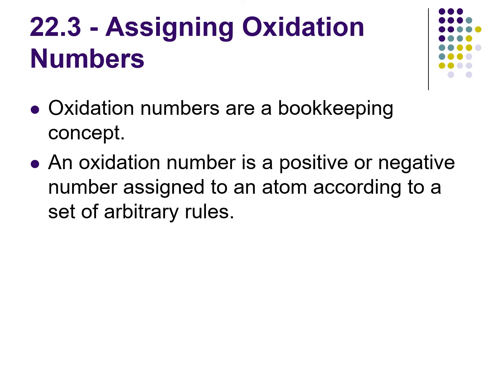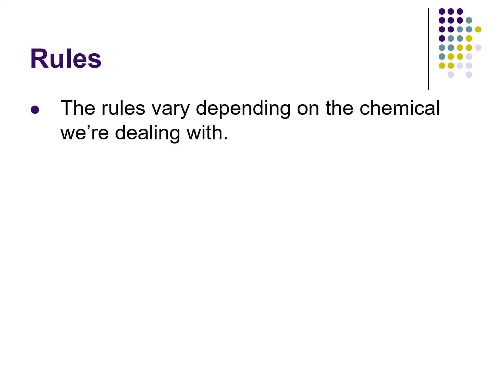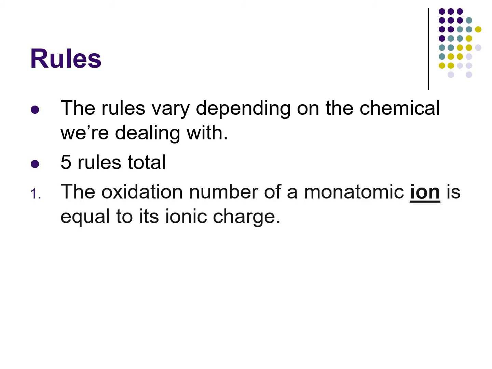So we're going to walk through these rules that you need to know to find oxidation numbers. And we can actually balance complex reactions using oxidation numbers alone, which we're not going to do. So there are 5 rules that we're dealing with. First, the oxidation number of a monatomic ion is whatever its charge is.